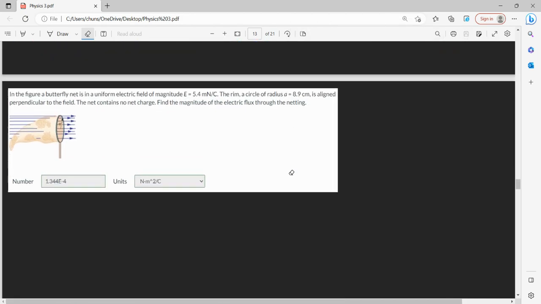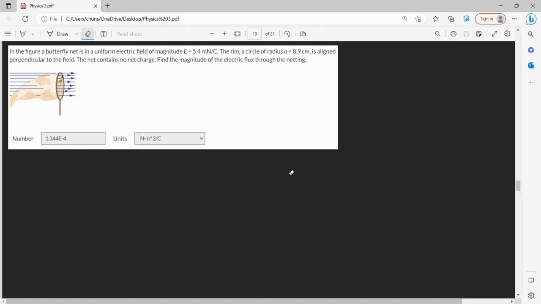Okay, our next question, nice and simple. It wants the electric flux through the net. So we're given our electric field and our radius. So that means we can use the left side of Gauss's law, which is E dot dA.